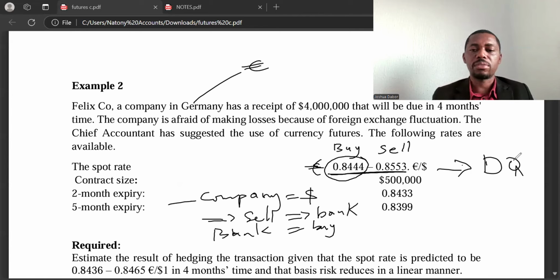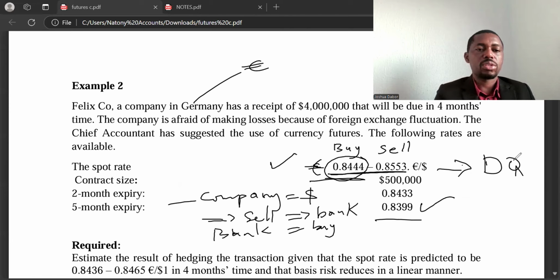Okay, so therefore, we now know what the futures price is and what the spot rate is. So the futures price is 0.8399, while the spot rate is 0.8444. So let's go back to the solution.